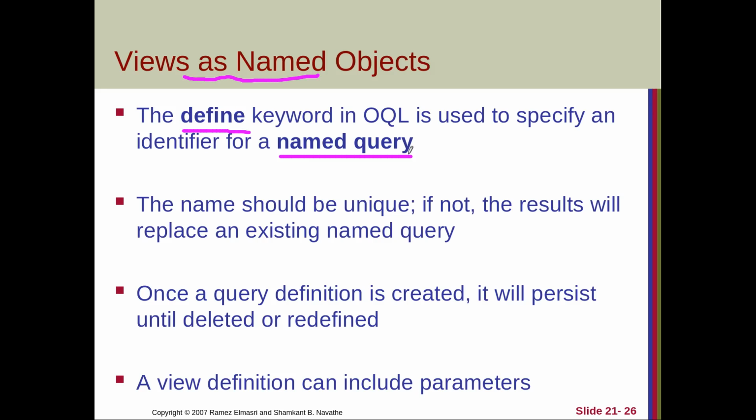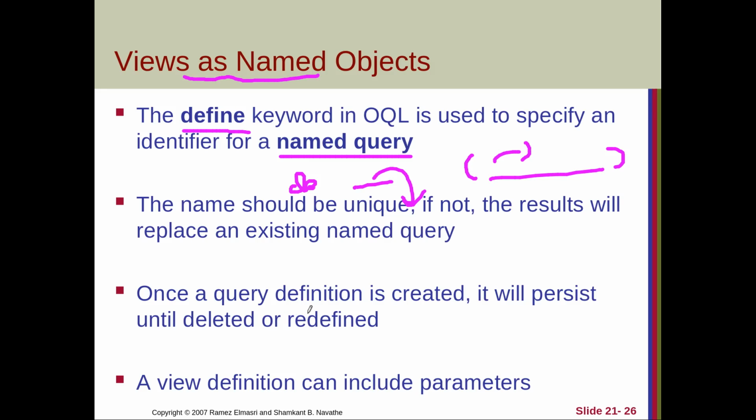If an entire query is given, for that query I can provide a name by using define. I am giving a particular name for that entire query, and later I can use that name for referring to this particular query. The name should be unique. So whenever we give a name for a particular query, the name should be unique. You cannot give the same name for more than one query. That is to be taken care of.